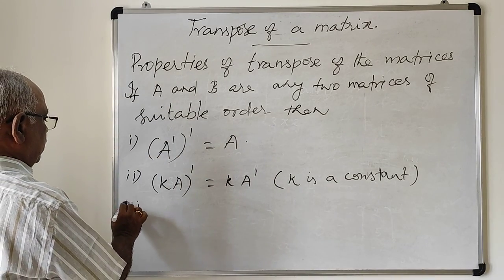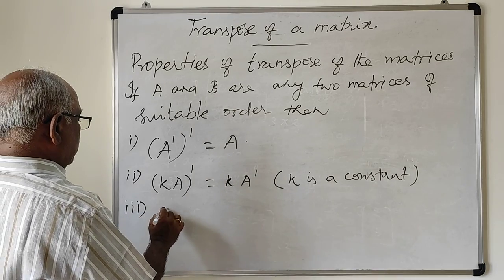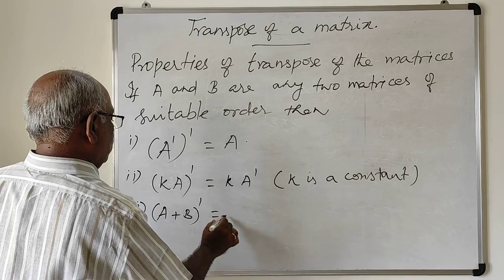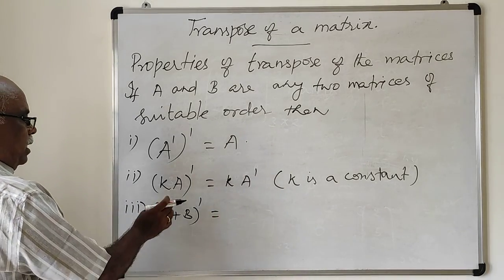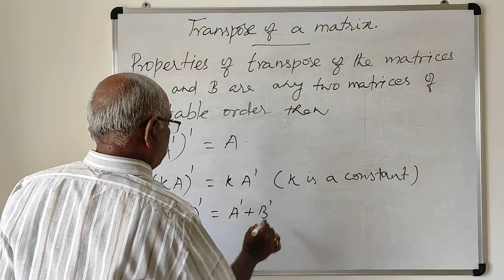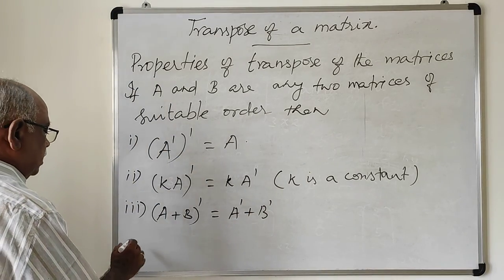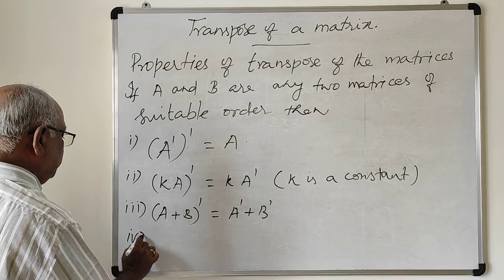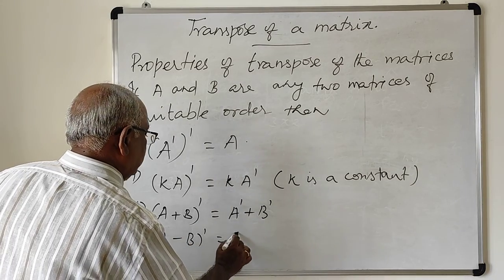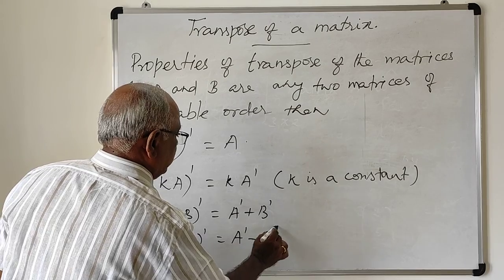Third one: A plus B, the whole transpose, equal to A transpose plus B transpose. Similarly, fourth one: A minus B, the transpose, is equal to A transpose minus B transpose.